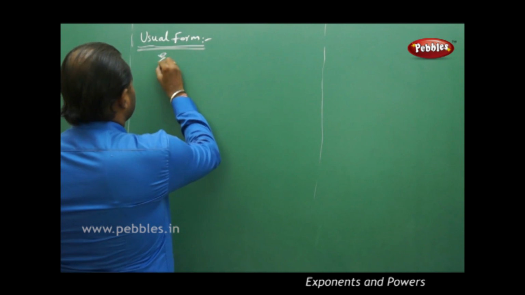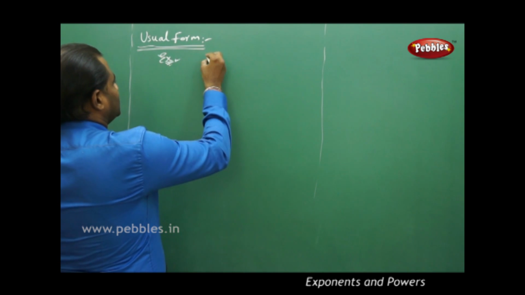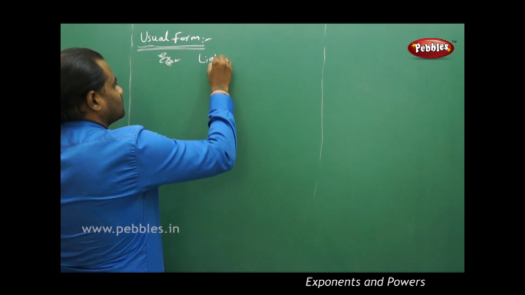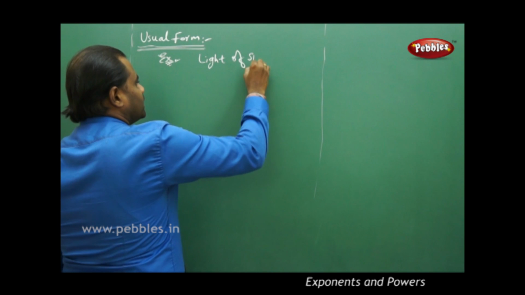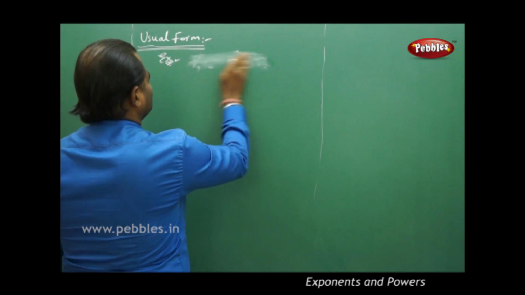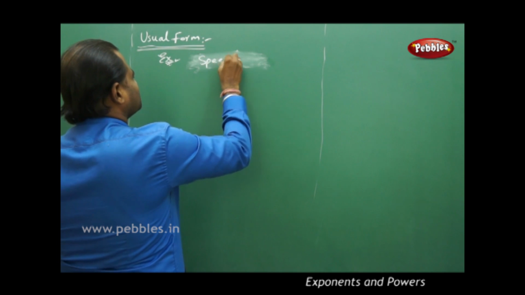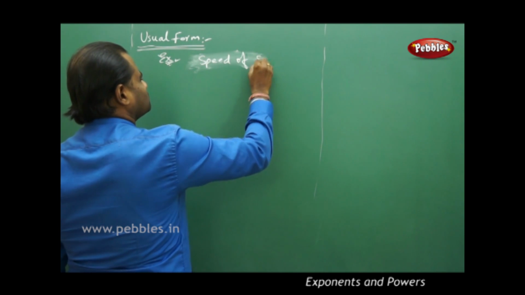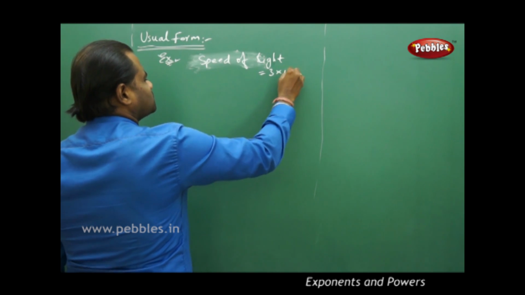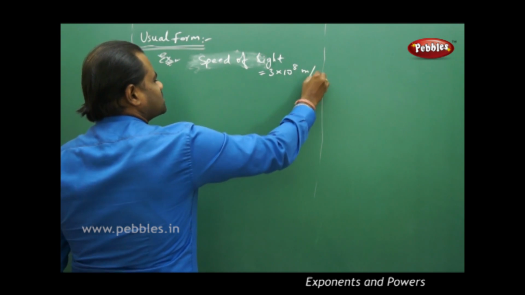Say for example, I have the standard form of representation, let me say, the speed of light is 3 into 10 to the power of 8 meters per second.